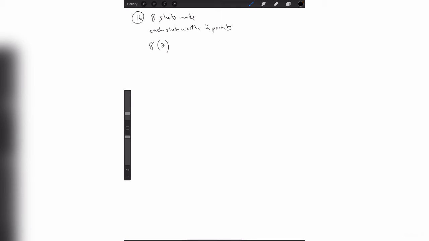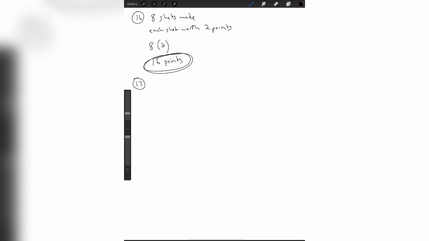And it says then evaluate the expression. So what I would do is 8 times 2 gives me 16. So in the very end, I get 16 points. That's my answer. Okay, so the basketball team scored 16 points.